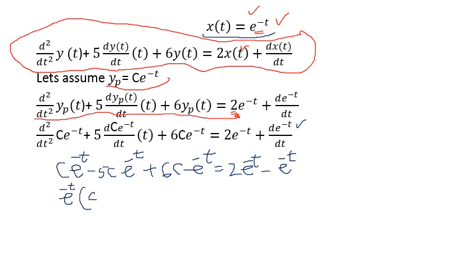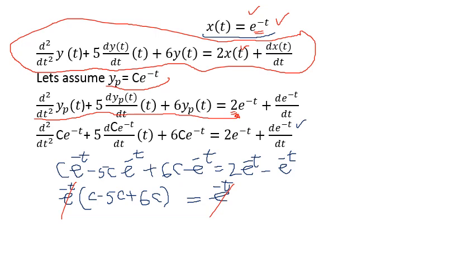What I'm left with is c minus 5c plus 6c, right? And this is equal to, taking e common again from this side, 2 e power minus t minus minus e power minus t, so 2 minus 1 is 1, so e power minus t comes here.